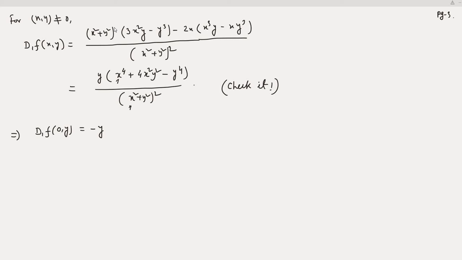Okay, so this implies d2,1 f at (0, y) is equal to minus 1, and this implies d2,1 f at (0, 0) is equal to minus 1.